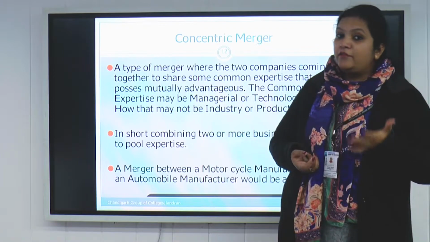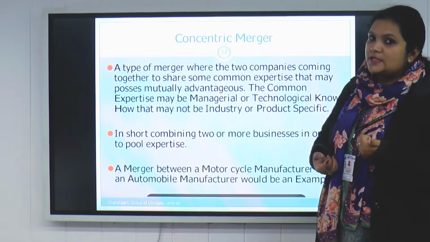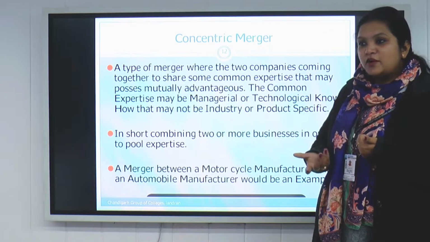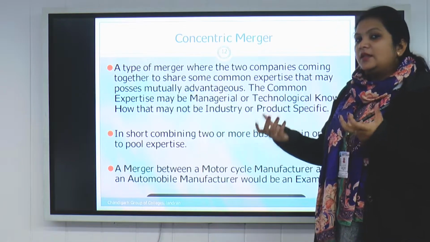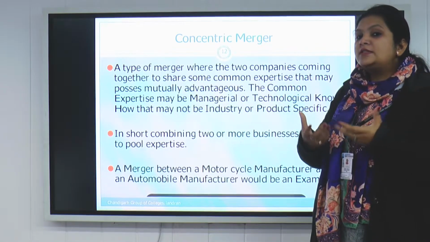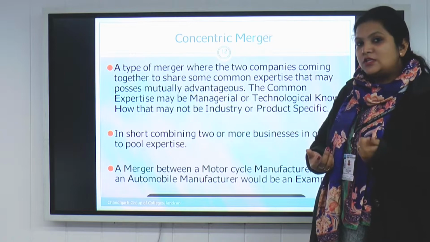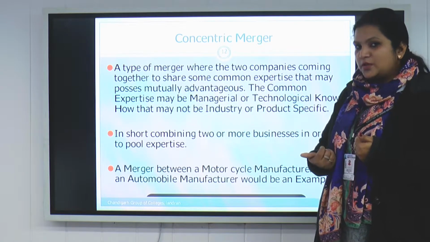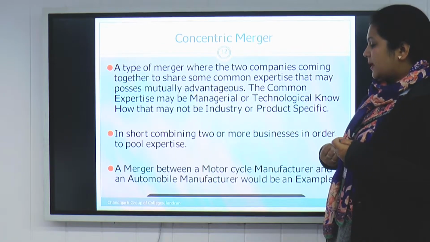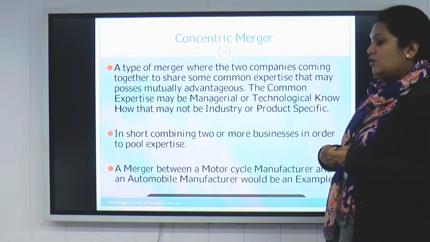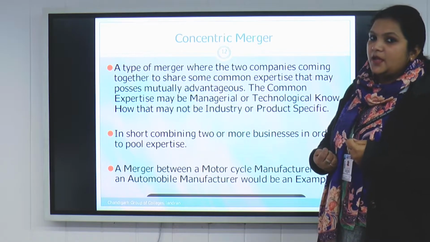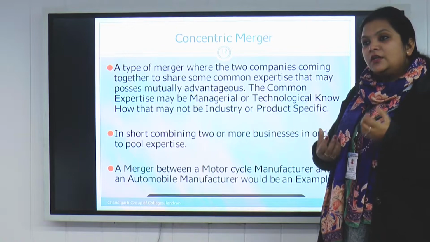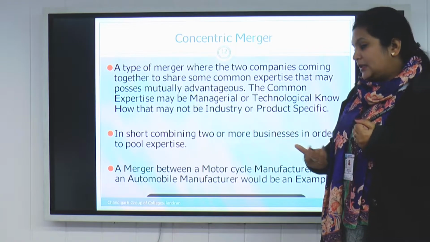For example, if Infosys is acquired by a manufacturing firm, that would be called a concentric merger, because one is technologically benefited, another is manufacturing benefited. Right? In short, combining two or more businesses in order to pool expertise. This is basically to earn the expertise from both the companies.